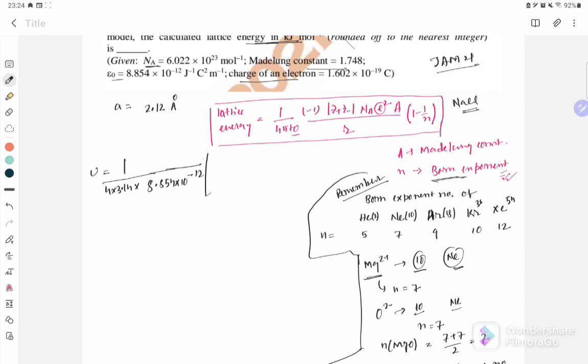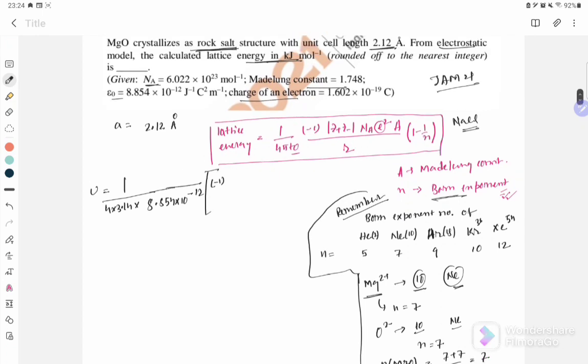Next, minus 1, and for Mg2+ all charges are 2, so 2 into 2.